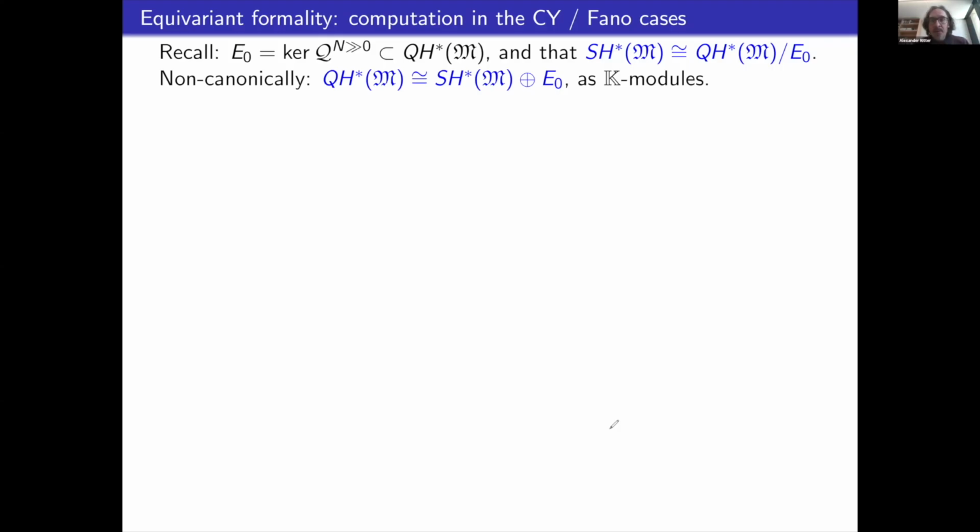Now, remember what I told you before, in the classic non-equivariant case, symplectic cohomology is a quotient of quantum cohomology. And there's this E0, which is this generalized zero eigenspace of this rotation class. And here you can do a non-canonical isomorphism, it's not the most elegant thing, but just for simplicity. The quantum cohomology has a symplectic cohomology summand and this E0 summand.